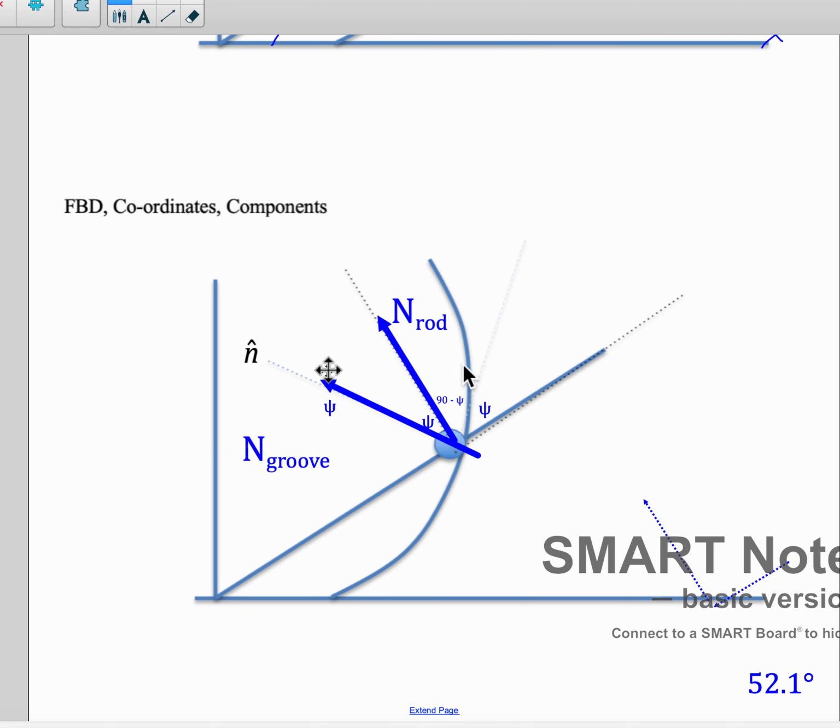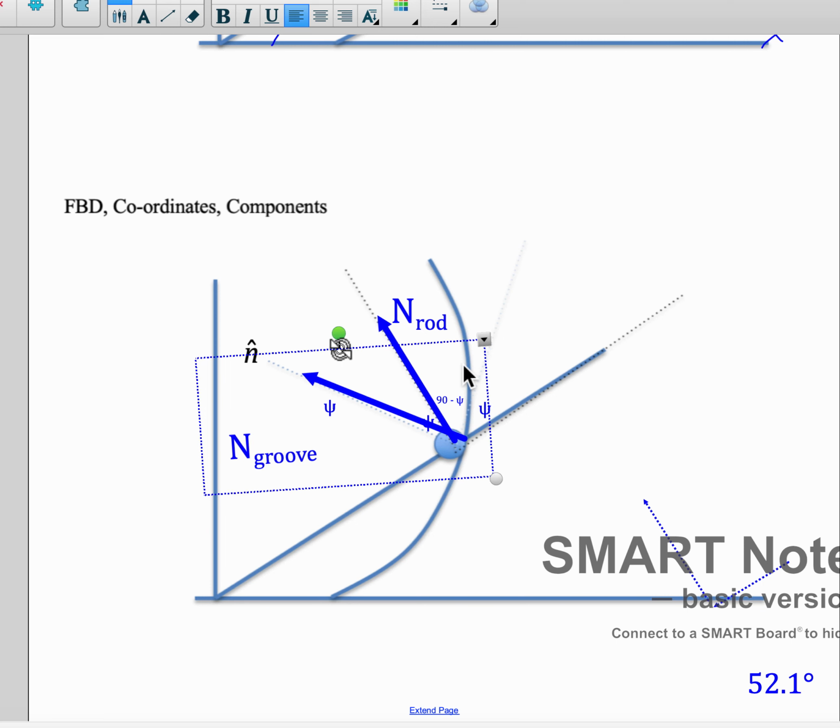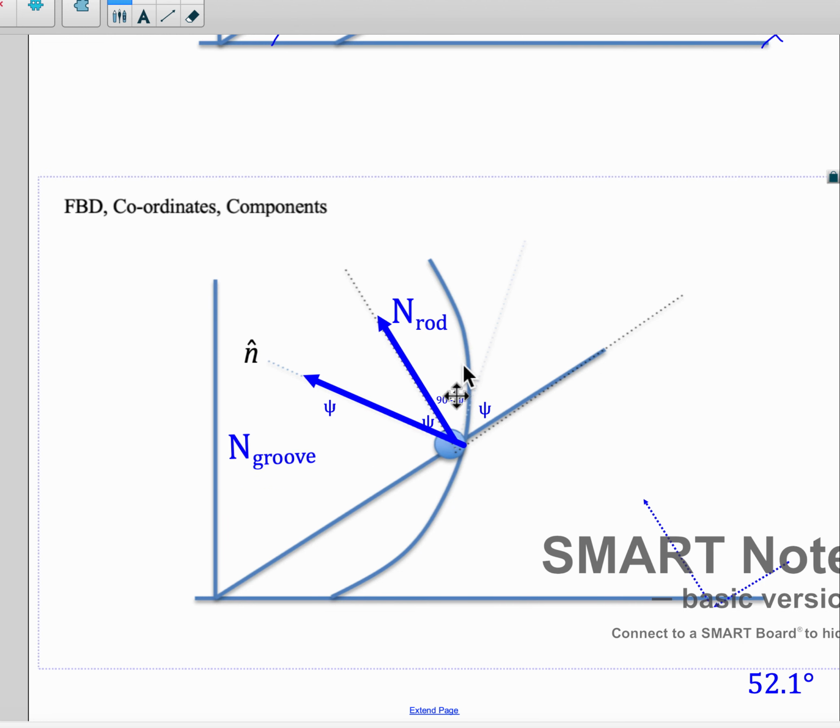Just rotate it a tiny bit there to make it look like that. There we go, that looks a little better. We're going to want to break these forces down into components.